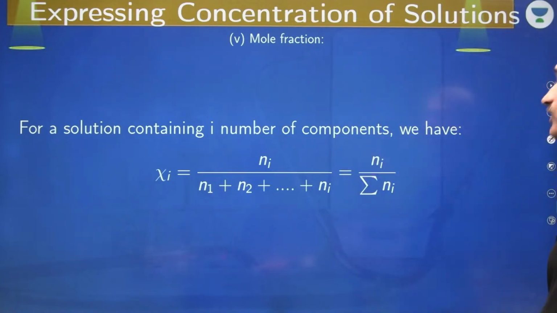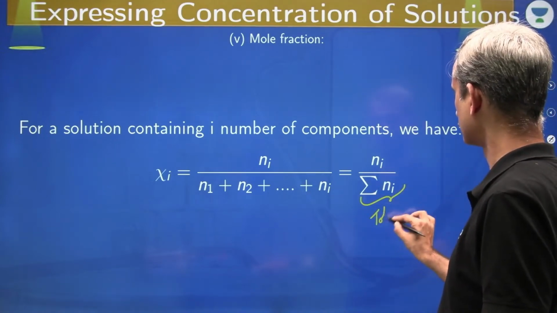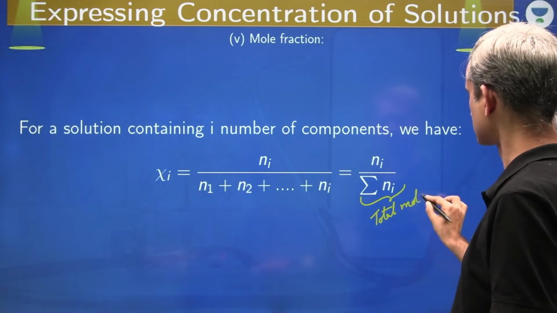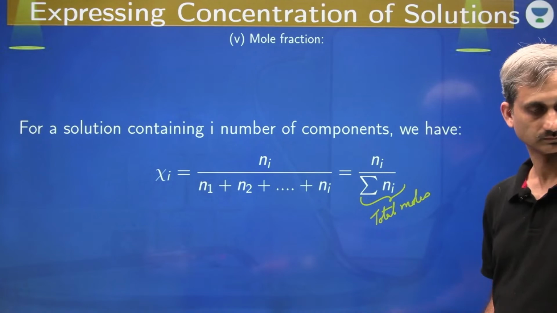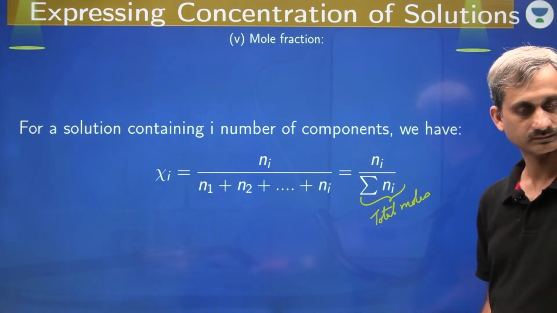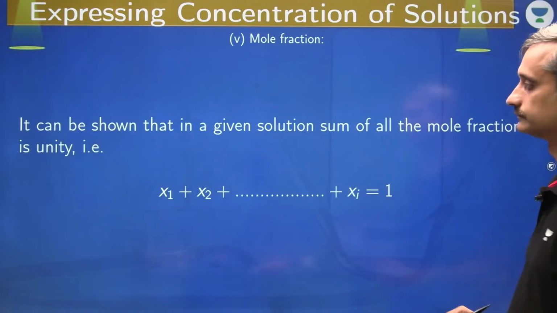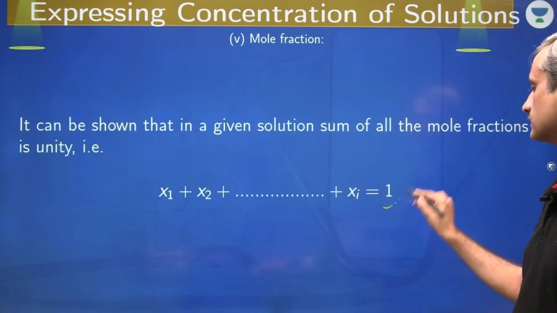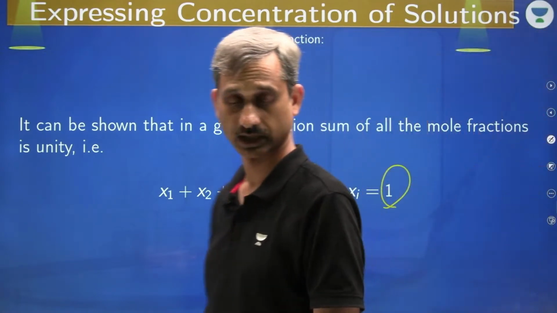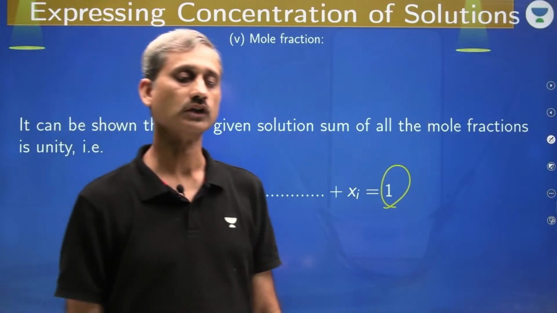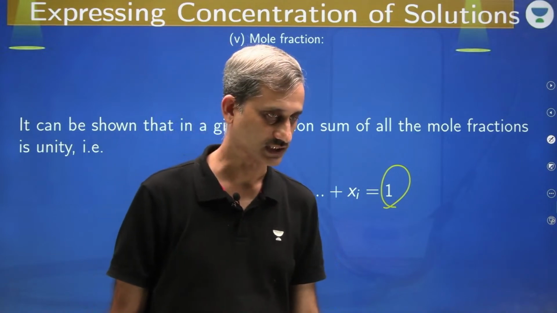And this could be the number of components, and this is again the total moles. Is this clear? Okay. The sum of all mole fractions in any system is always equal to 1. That is what you need to understand.